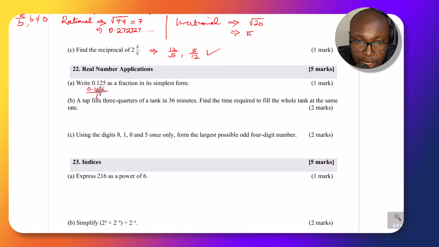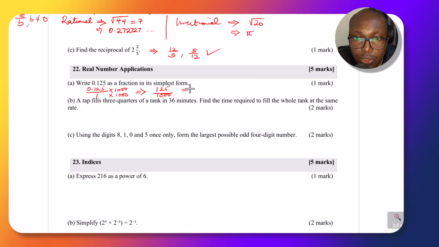The numerator has 3 decimal places, so you multiply by 1,000 to get rid of the decimal places. Then do the same for the denominator. Whatever you do for the numerator, do the same for the denominator. So when you multiply 0.125 by 1,000, you get 125. Then 1 times 1,000 gives 1,000.